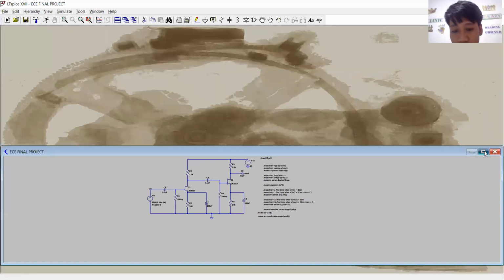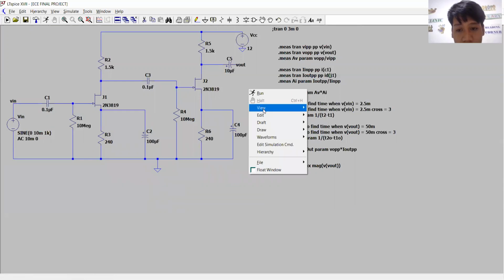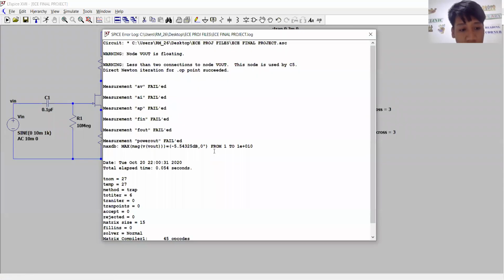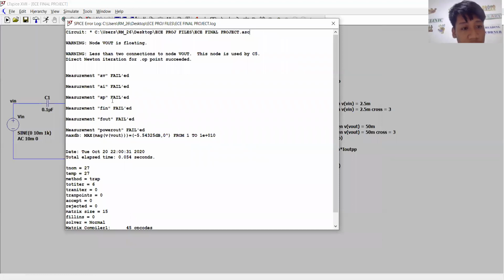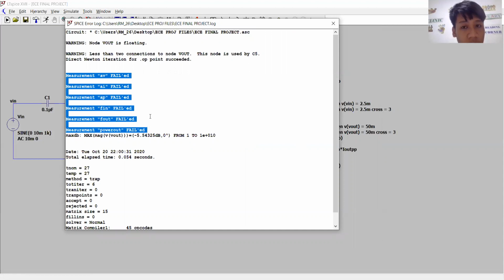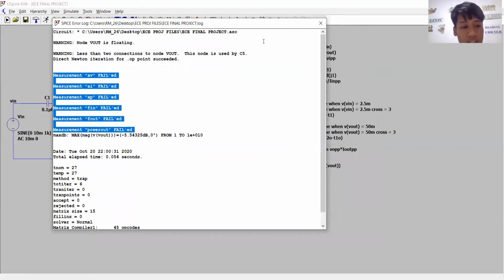I mean, view then error log. Since we are in the AC analysis, the AVA, IAP, these things that were measured and failed are not being read because they are from the transient analysis and we are in the AC analysis.